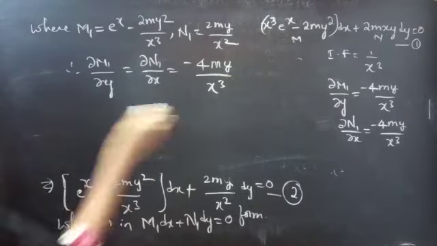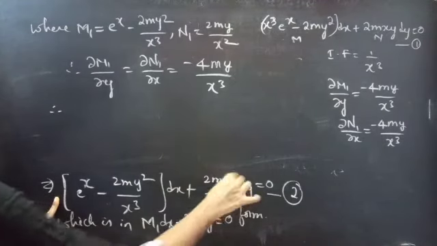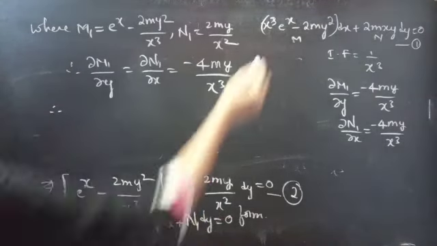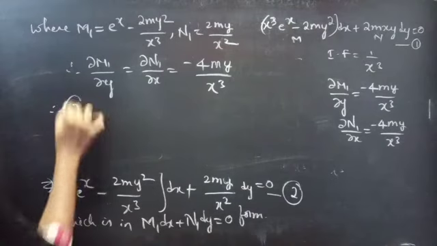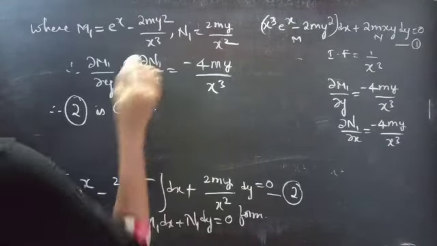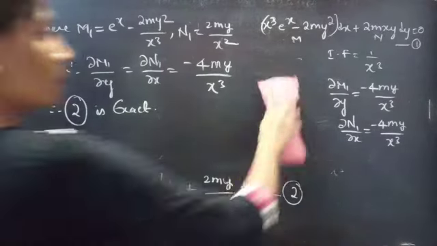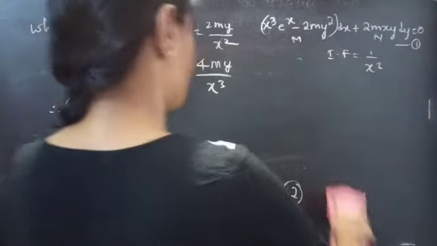Since the partial derivatives are equal, we can say that equation 2, which is obtained by multiplying the integrating factor to the given equation, is an exact equation. Therefore, equation 2 is exact. Okay. Now, we'll find the general solution to the given equation.